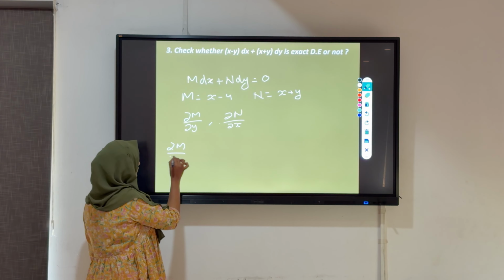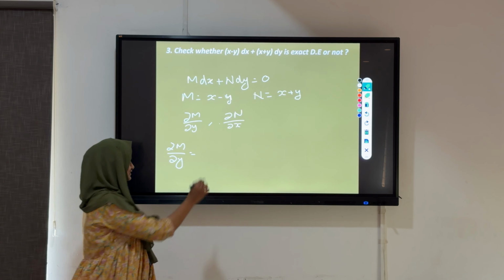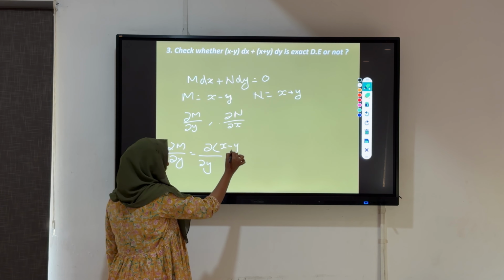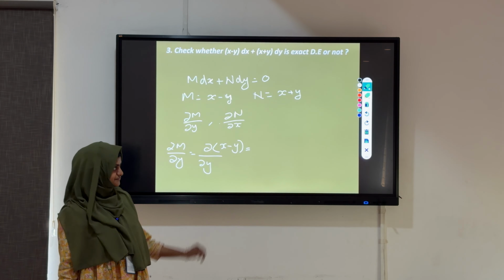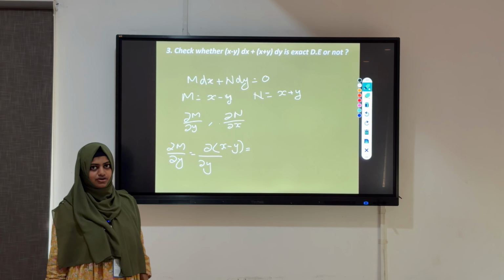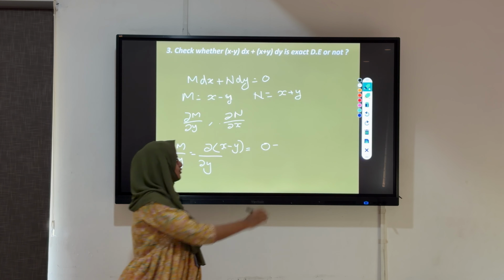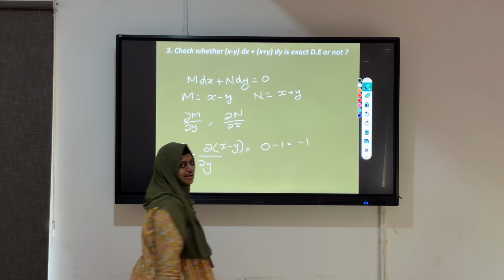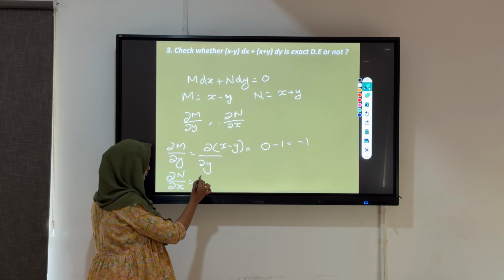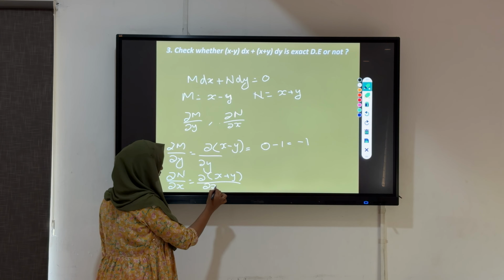First, dou M by dou y equals the partial derivative of x minus y with respect to y. Here the derivative of x with respect to y is 0 because x is considered a constant, and the derivative of y with respect to y is 1, so that's equal to minus 1. Next, dou N by dou x is the derivative of x plus y with respect to x.